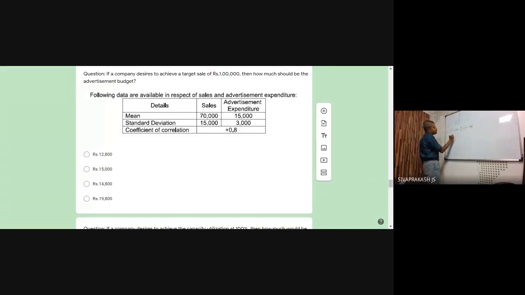And X bar is 70,000. So the right-hand side is 1 time, 5 times. Now if you divide this, how much will you get? 15.